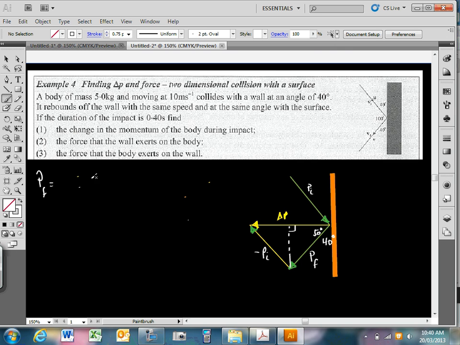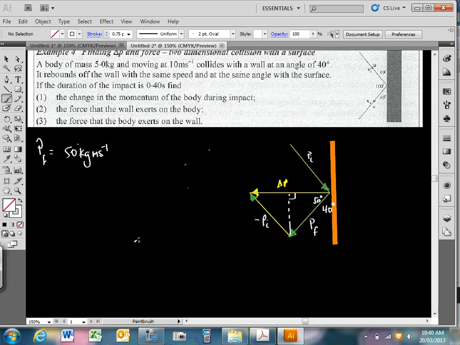PF equals, what does it equal? 50. I'm going to use a different unit just to remind you. Remember, momentum equals mass times velocity. Mass is in kilograms, velocity is in meters per second. There it is there.